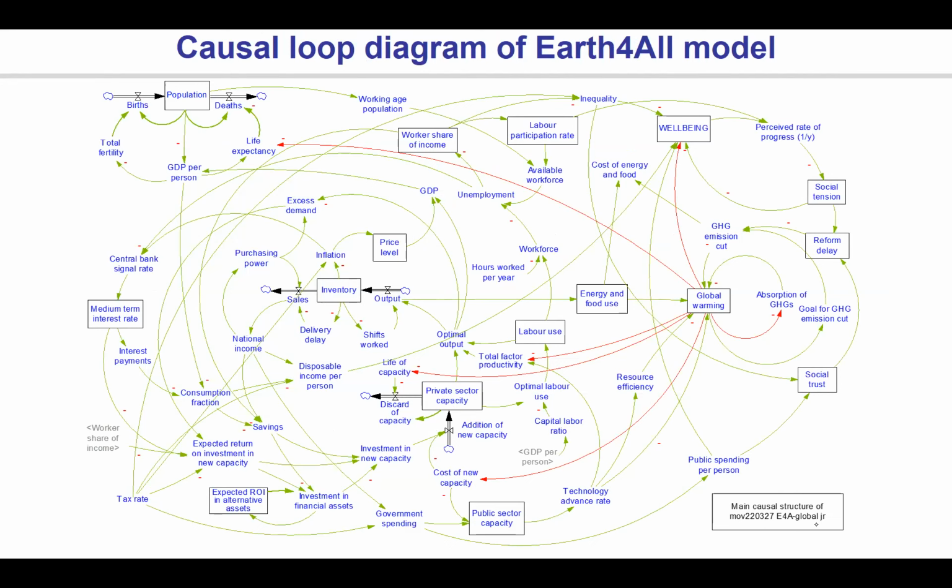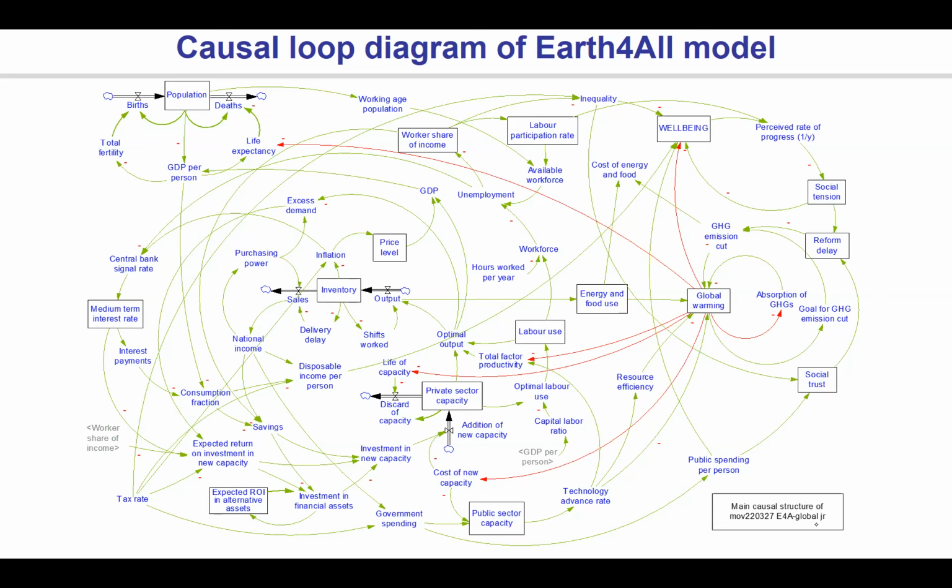Hopefully in another 52 minutes, you will know a little bit more about what the main variables and the main causal relations are. But you can see already on this model, up in the left-hand corner, the population sector. In the middle, you see the private sector, which is the private part of the economy.